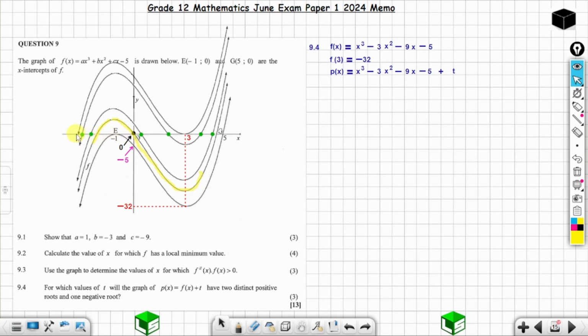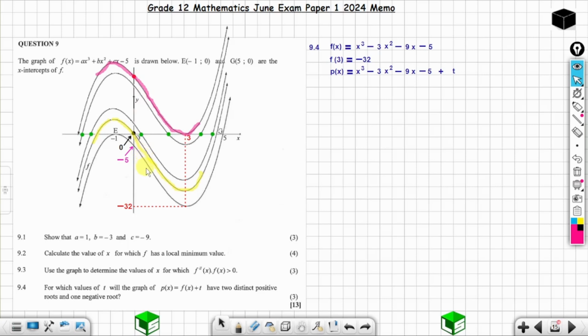I'm going to have one negative root and two positive roots which are equal. You need two distinct positive roots. So you understand, this is going to be your upper boundary. You cannot go any more above. So your upper boundary is at that point on the y-axis. You need to find that point.